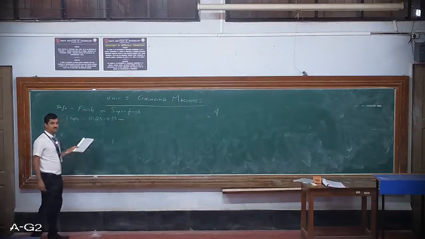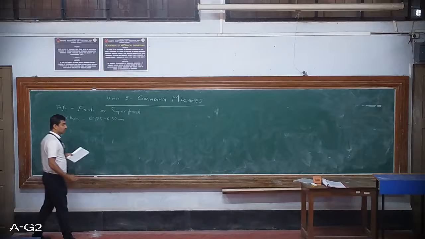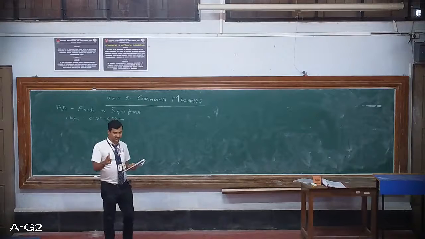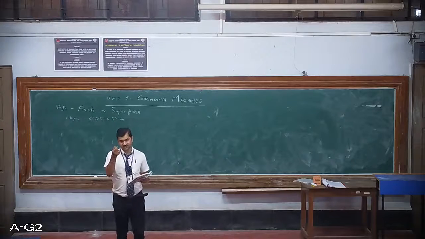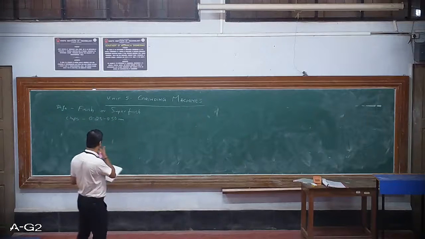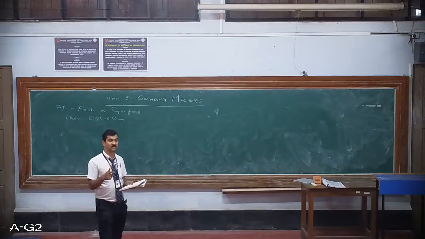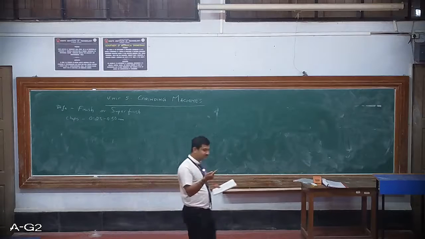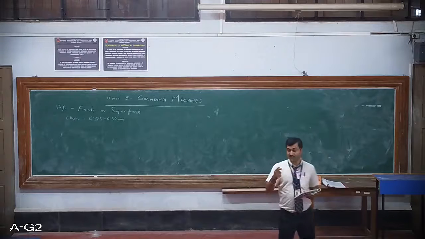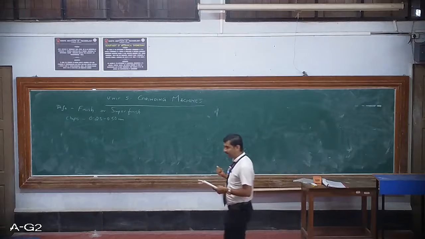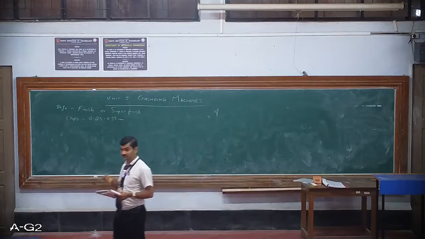This is the chip size of grinding. When the tool is brought in contact with the work, fine chips are produced, and the size of those chips is so small. You remember the chips produced in lathe, milling and drilling. Generally they are long chips, but these are very fine chips, right? These are finer than milling chips also.